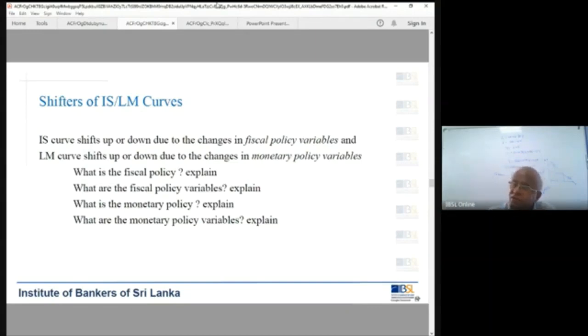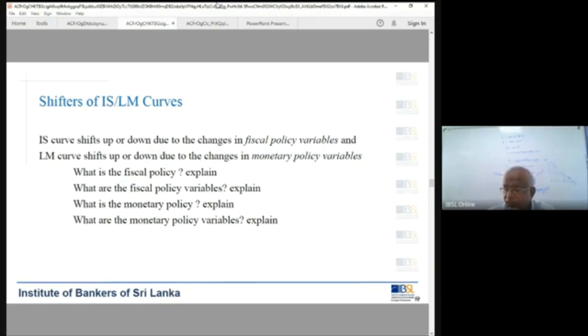Like that, here also we can discuss IS curve, LM curve, shifters of IS and LM curve. What are the factors that shift IS up or down? What are the factors that shift LM up or down? Now, the IS curve shifts up or down due to changes in fiscal policy variables.